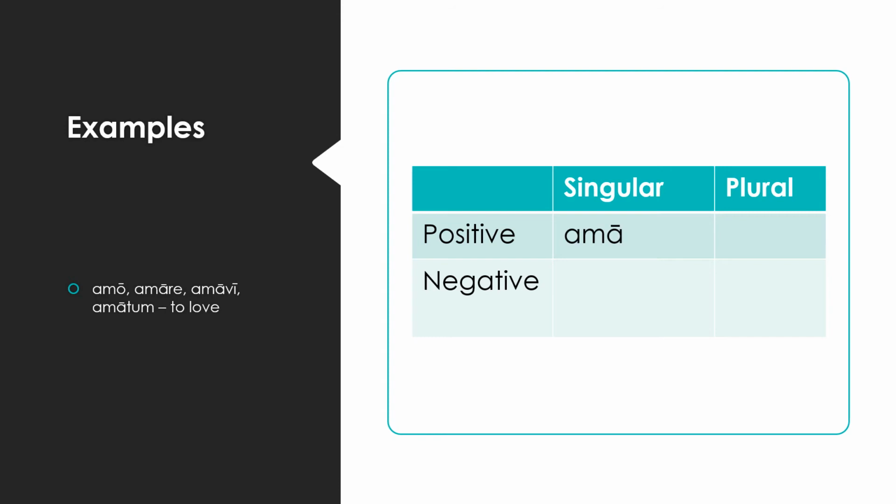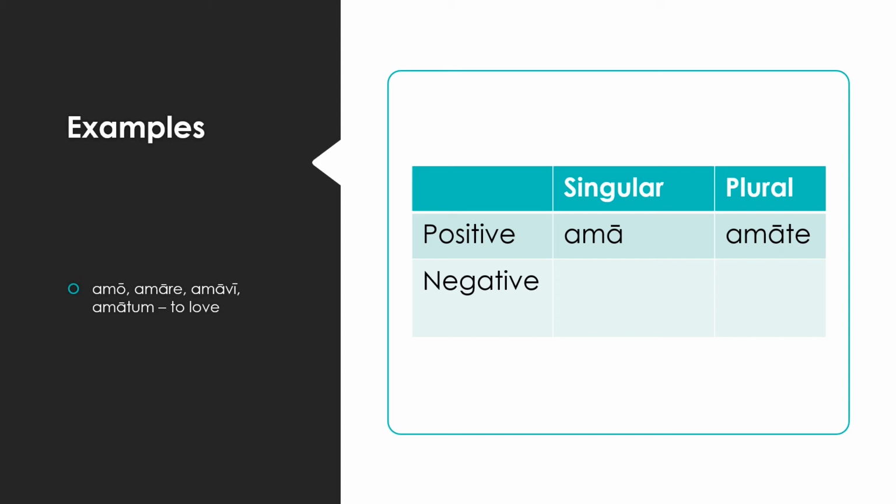And so our singular positive would be ama, love. To create the plural, we take the singular form that we have just created and we simply add the letters te, amate. This also would translate simply as love, but we know here we're talking to more than just one person.